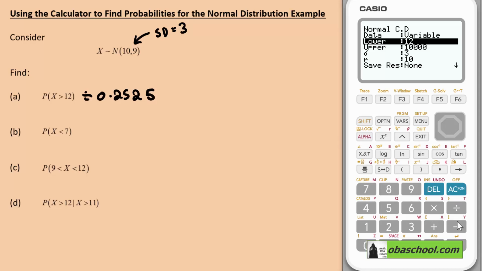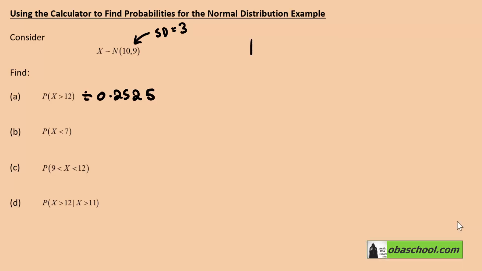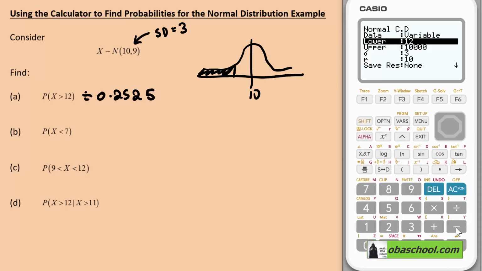This time, remember, x is less than 7. The mean is at 10. Less than 7 is going to be down here. So it's the lower end that I need to set as some very small value. Let's go with negative 10,000. That should be plenty.